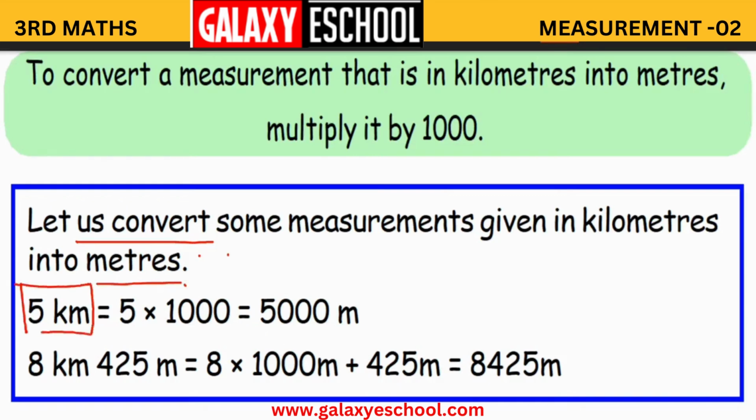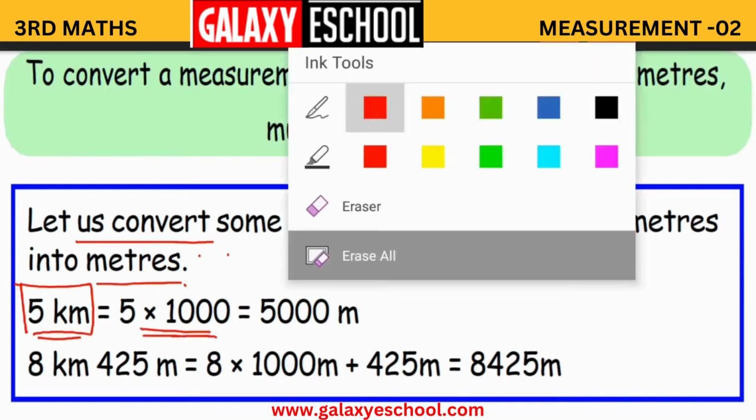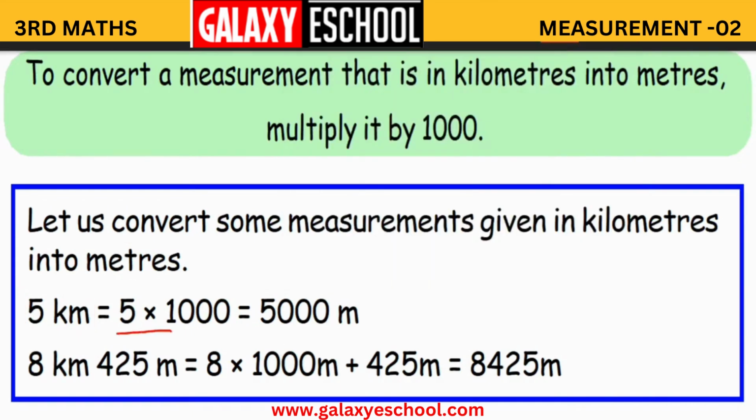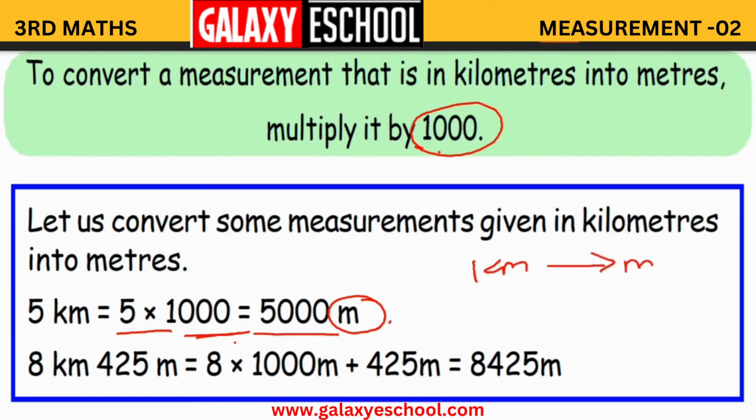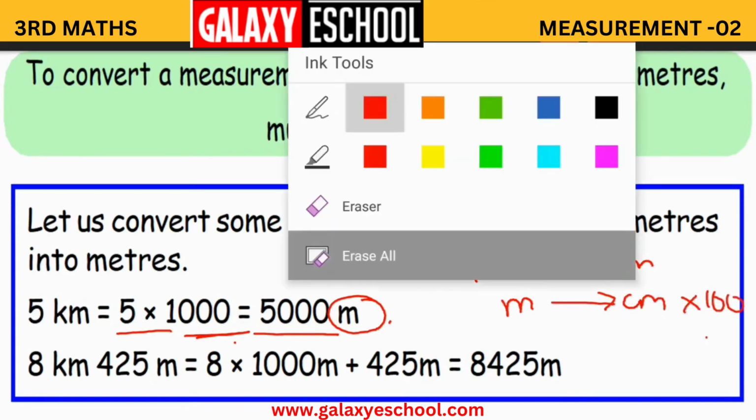We have to multiply it by 1000. 5 kilometers is equal to 5 into 1000, that is nothing but 5000 meters. Remember, we have to multiply by 1000 when converting from kilometers to meters, and when converting from meters to centimeters, we have to multiply by 100. Remember this, right?